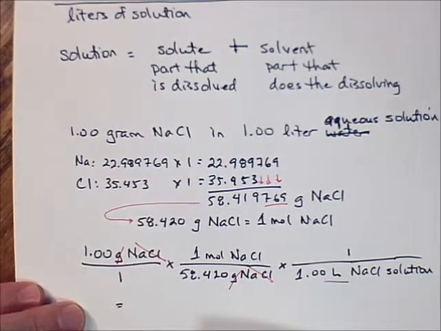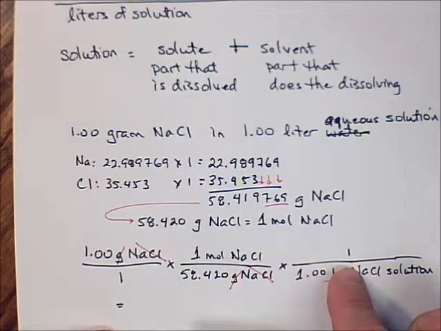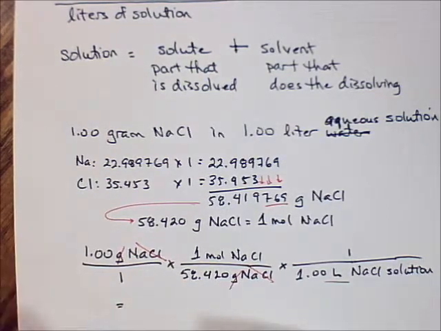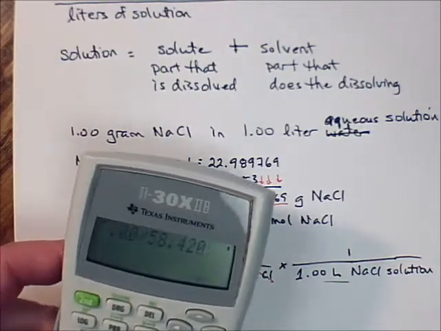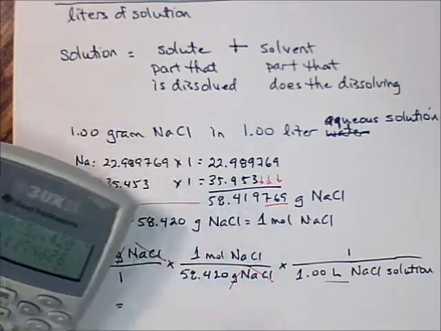We got 1.00, and multiplying times 1 just gives us the same number. So we'll take that 1.00 and divide it by 58.420, and hit equals, and I get this number here. That's our molar concentration.